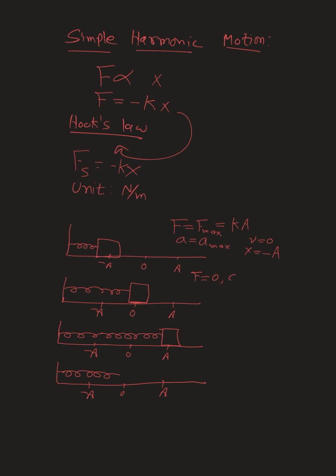Your acceleration at that point is going to be 0 as well. Your displacement, because you are coming to your original length, is x equals 0 as well. And your velocity is actually going to be the maximum velocity at that equilibrium point, which we call v max.